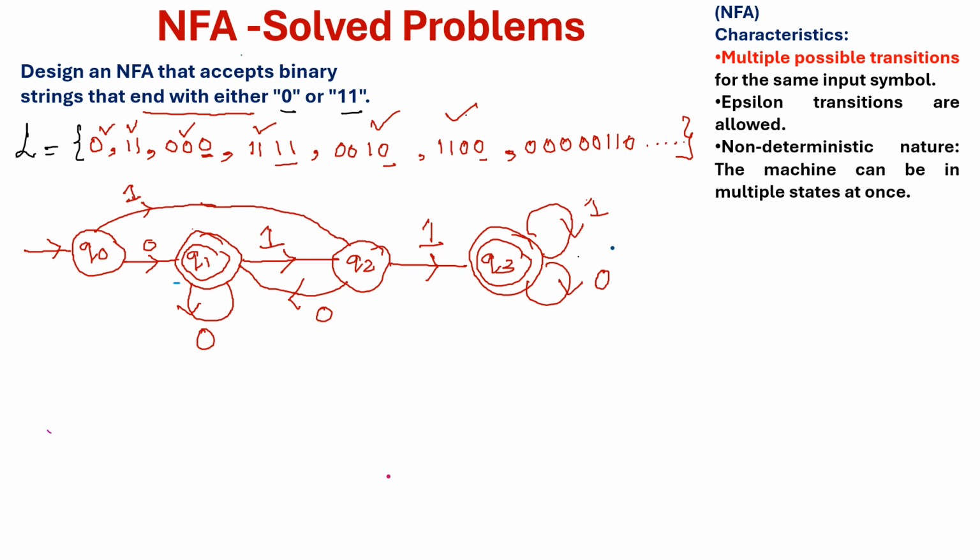While using the input, while making a transition from the starting state to another state, we have to ensure it will support all kinds of strings. So this is a way of designing the NFA.